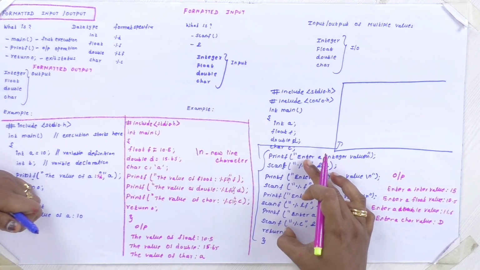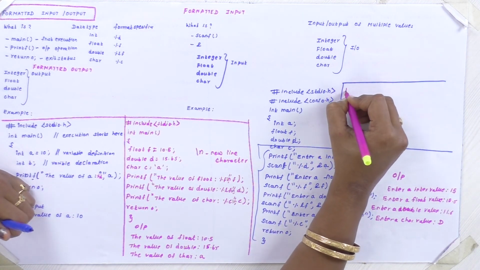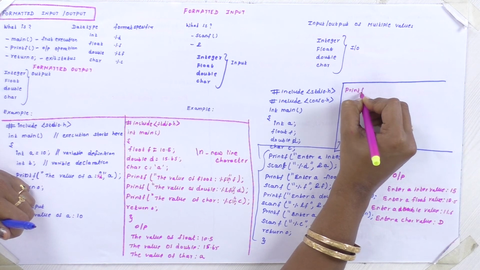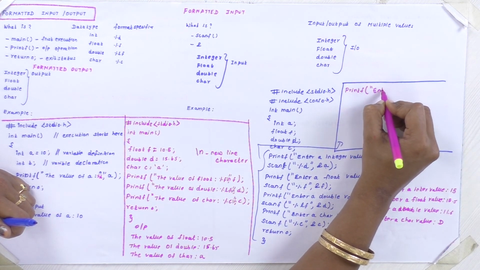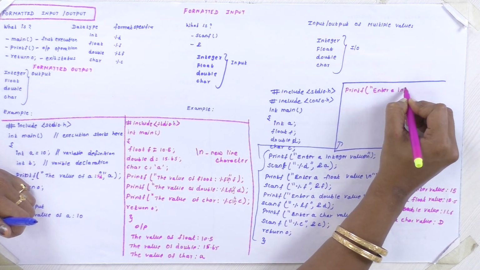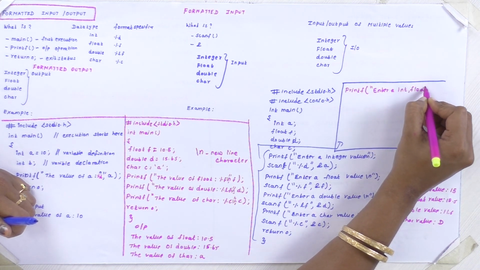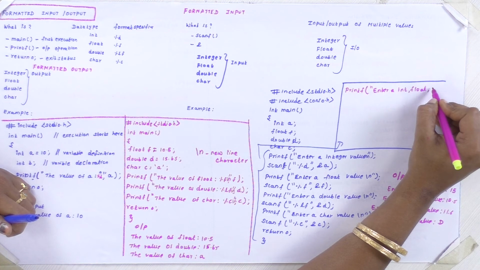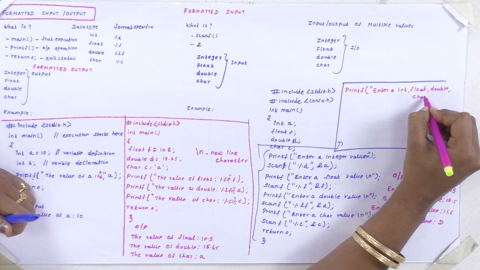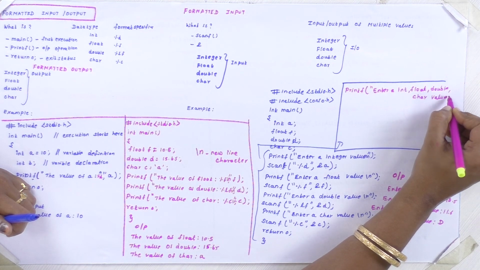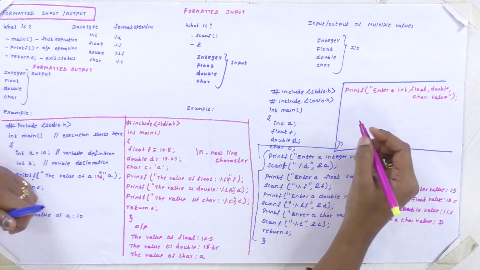So instead of this I am going to write printf, just for display purpose: enter an int, float, double, character value. I am just displaying this string in the output function.